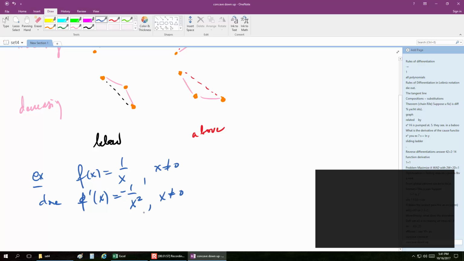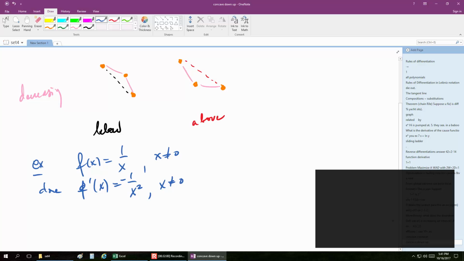Once again, these two parts are treated separately. The conclusion was that f is decreasing on negative infinity to 0 and decreasing on 0 to plus infinity. Remember this. This is what we're saying about the function based on the derivative, because it's all negative.